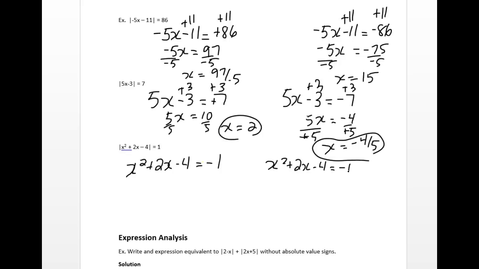So to get everything on one side, I'll just add this one over here, and I will, oops, I did 2 of the same, so we'll subtract the 1 over here. So our equation is x squared plus 2x minus 3 equals 0, and x squared plus 2x minus 5 is equal to 0.